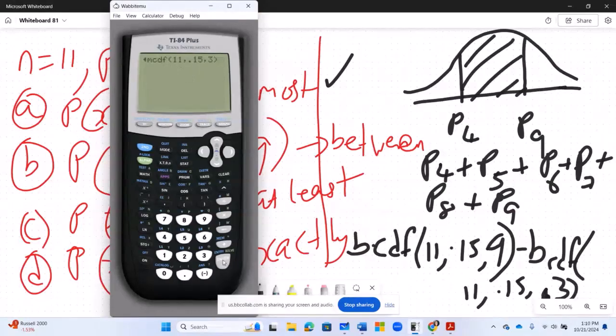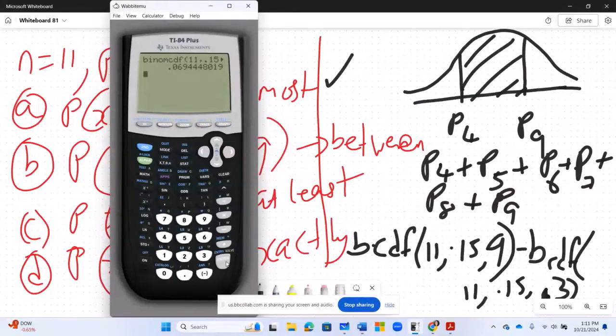All right, if I hit enter, I have calculated the probability for P4 plus P5 plus P6 plus P7 plus P8 plus P9. I used my calculator to calculate them.